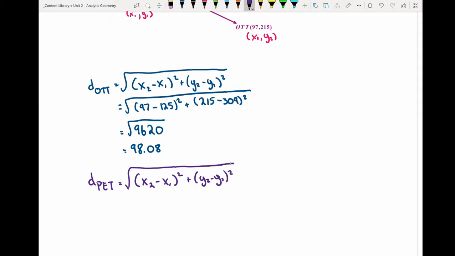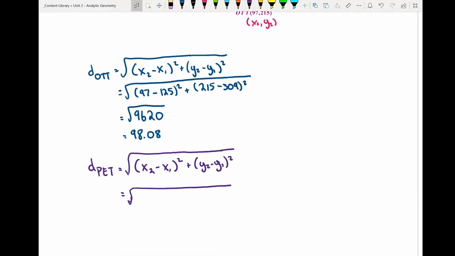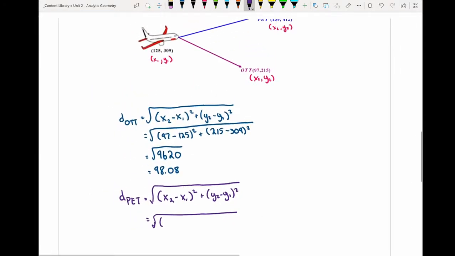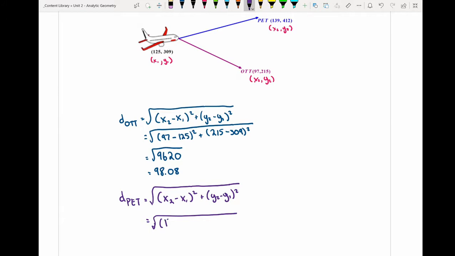I'm just plugging in again the information from my points. So my x2 for this one will be 139 minus 125, squared, plus 412 minus 309, squared.